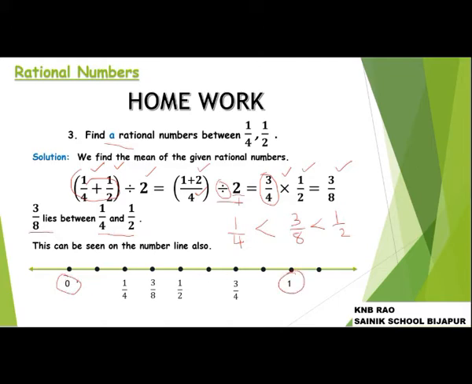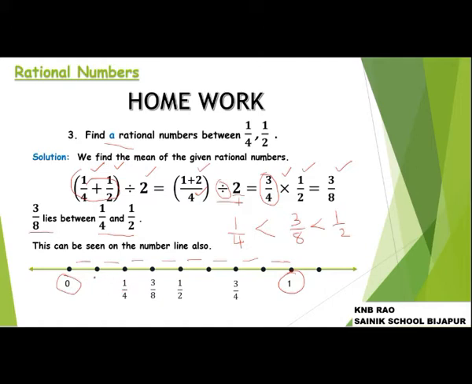If you observe, I have divided one unit of the number line into 8 equal parts.